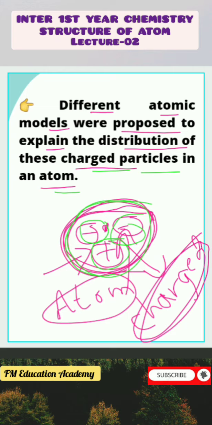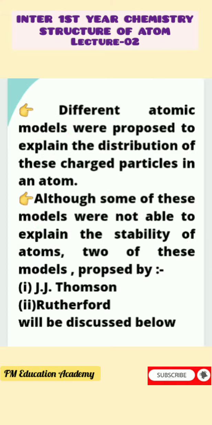For this explanation, that is, how these electrons, protons, and neutrons are distributed, different atomic models were proposed by scientists. Out of all these models, many were not able to explain how stable the atoms were.